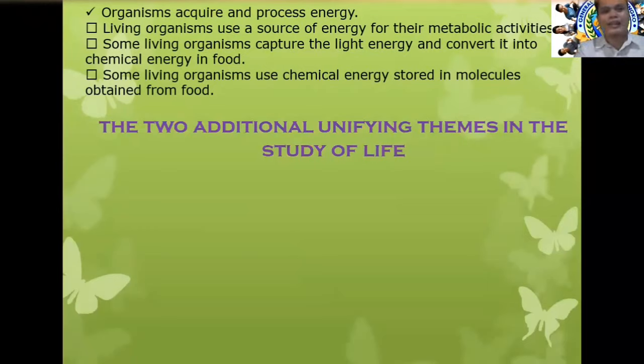So, halimbawa, sunlight, paano po nagpo-produce ng food ang plants? By photosynthesis. However, living organisms or animals, paano sila nagpo-produce, nag-obtain ng food? By digestion. So, na-discuss din po natin sa unang video.